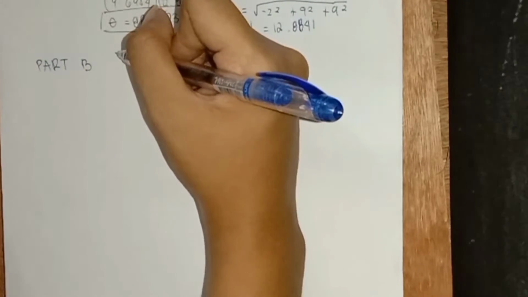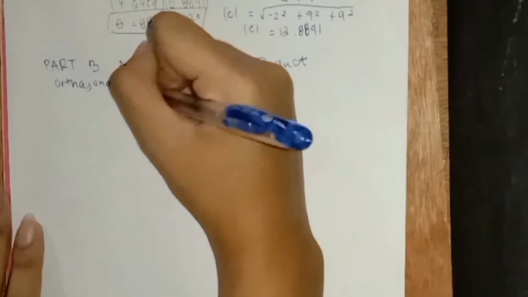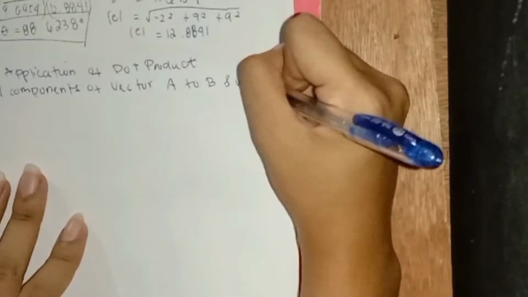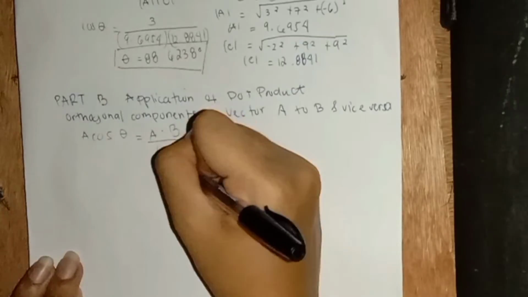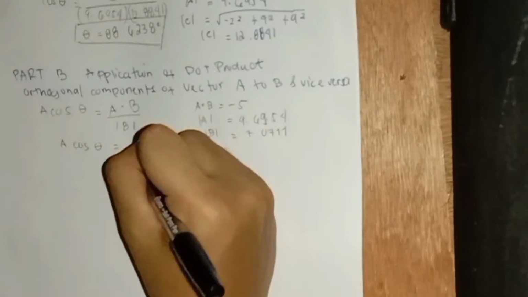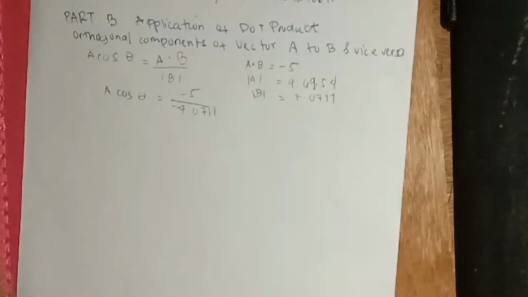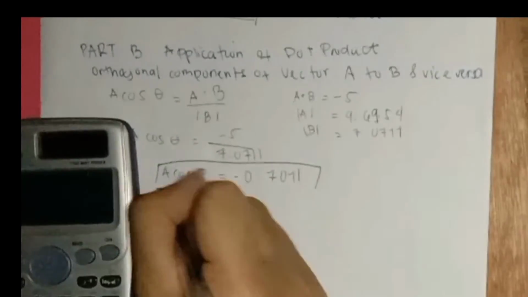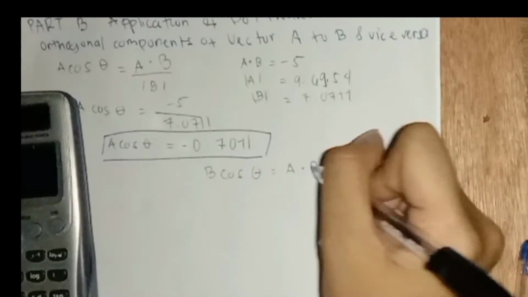Now that we have the values, let's put them in the formula, and we will get the angle of 88.6238 degrees. For part B, the application of the dot product, we're going to find the orthogonal components of vector A to B and vice versa. We will use the formula A cosine theta is equal to the dot product over the magnitude of the direction, which is B. We have the dot product negative 5 and the magnitude 7.0711. Inserting in the formula, we get negative 0.7071.